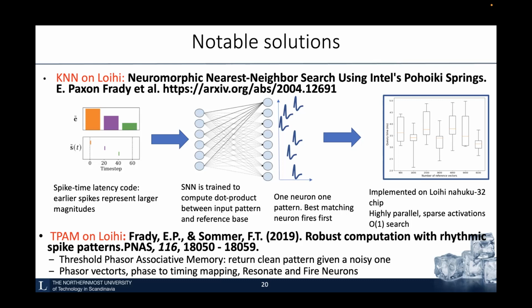Why is that so? Because on traditional architectures, to analyze a dynamic system, you need to compute basically differential equations. Here, you don't need to compute differential equations, because this dynamics is implemented in the hardware.